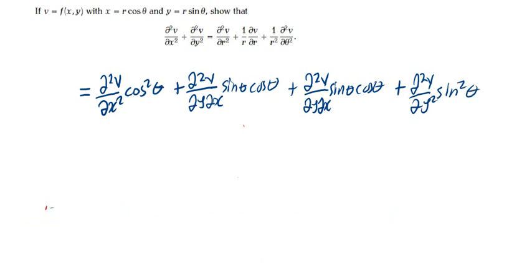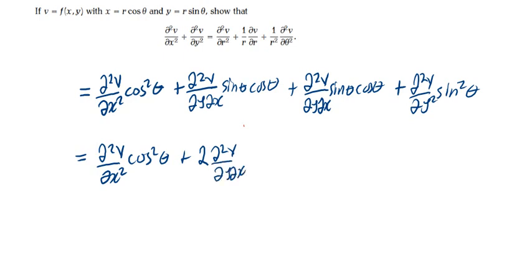Now you observe that it just goes down to the second partial of v with respect to x, times cos squared theta, plus 2 second partial of v with respect to y and x, times sine theta cos theta, plus the second partial of v with respect to y, multiplied by sine squared theta. Okay, so we are done with this part here.